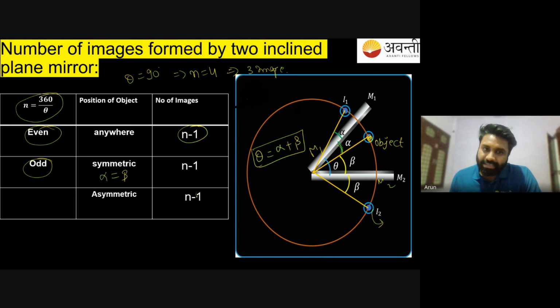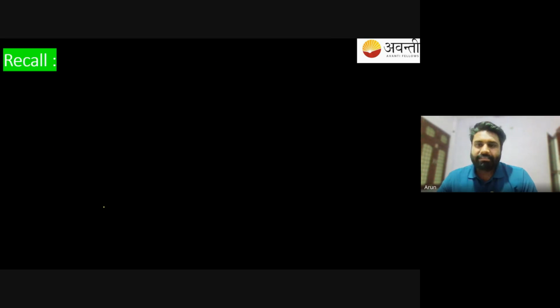Yesterday I also mentioned it. Sorry, I forgot to correct it. I'm so sorry for that. So this is n. Asymmetric means alpha is not equal to beta. एक तो numerical आ सकता है यहाँ से, maybe in NEET.